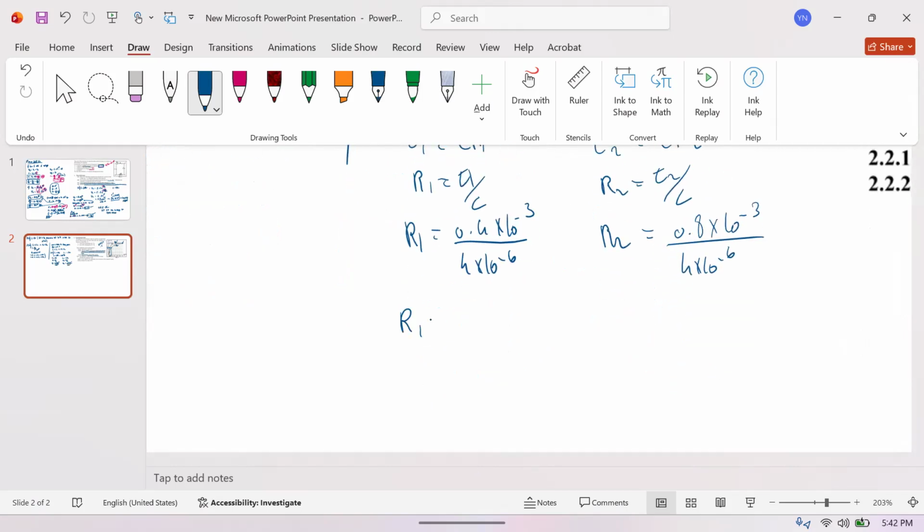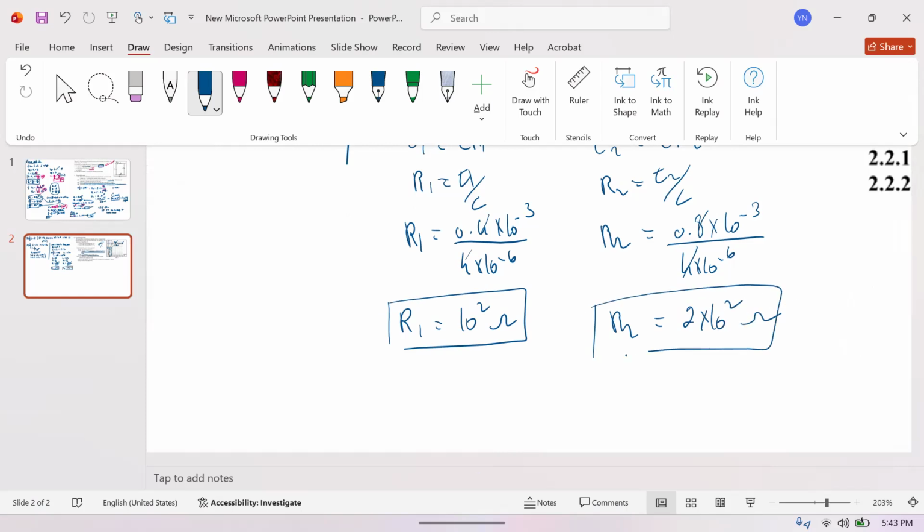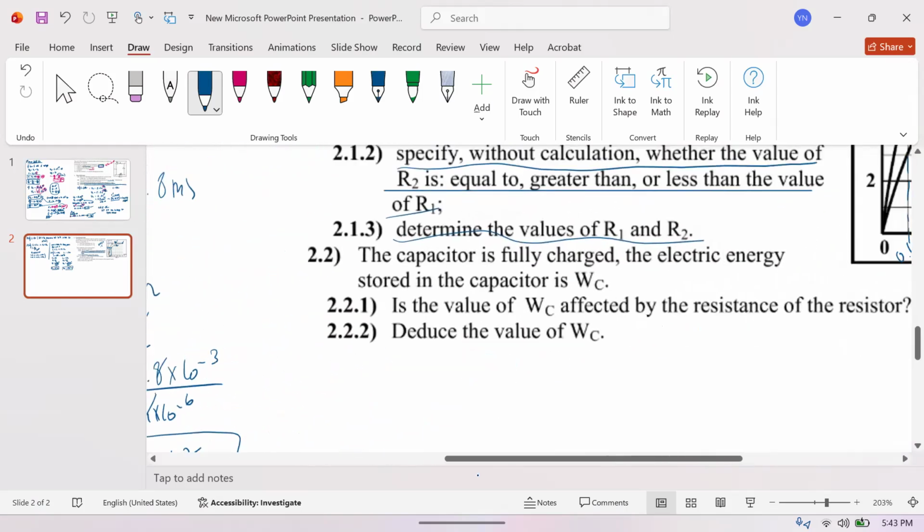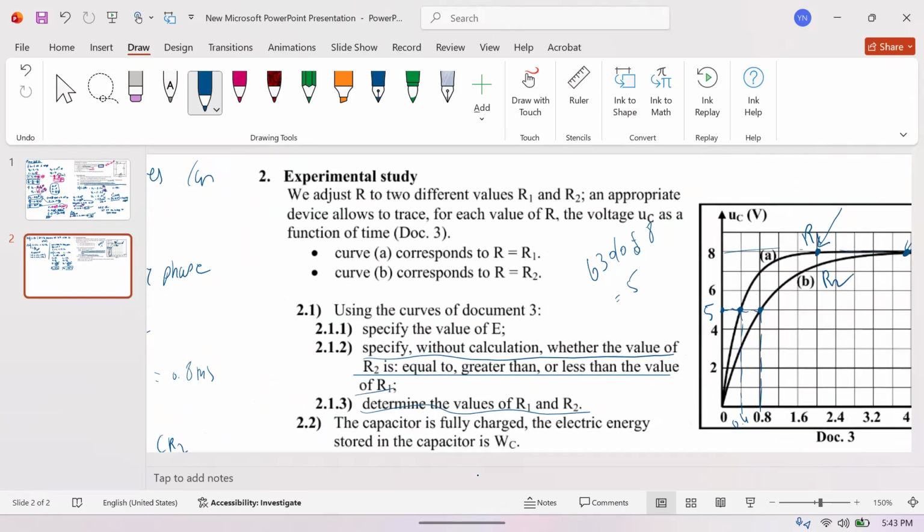So what do we get? R1 is equal to 10 to the power 2 ohm, and R2 is equal to 2 times 10 power 2 ohm. Obviously, R1 is smaller than R2. 100 is smaller than 200.